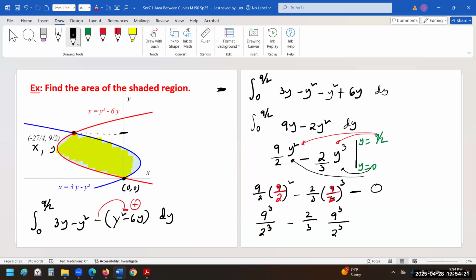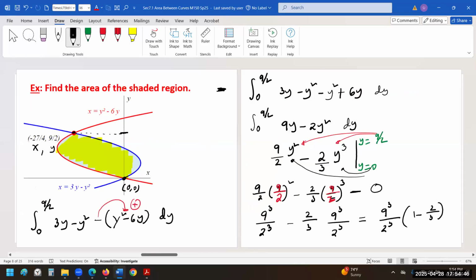We have 9 squared and then one 9 outside, so 9 cubed. We have 2 squared and then one 2 outside, so 2 cubed. 9 cubed over 2 cubed, and then we have 9 cubed over 2 cubed with the 2/3 in the front. So basically we have 9 cubed over 2 cubed, times 1 minus 2/3.